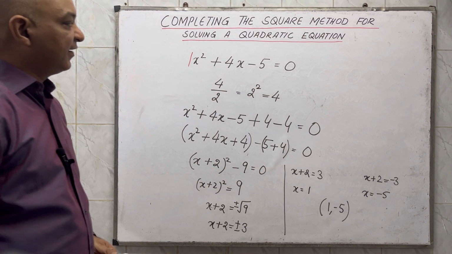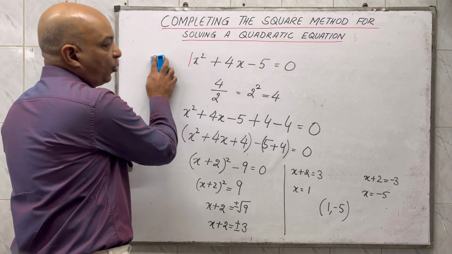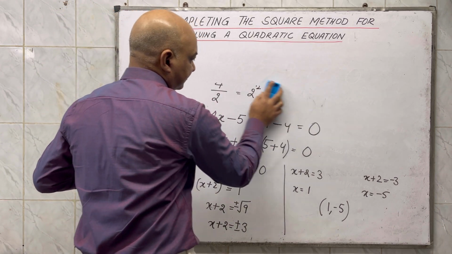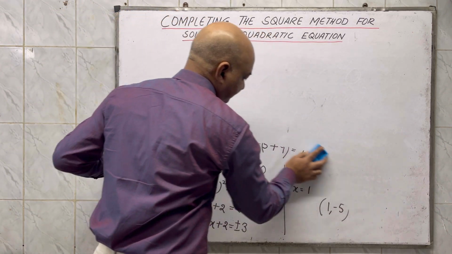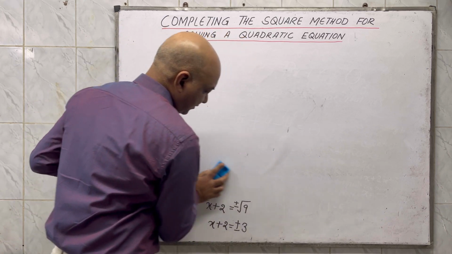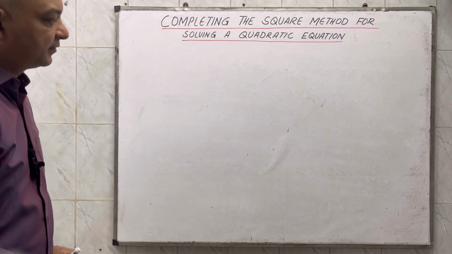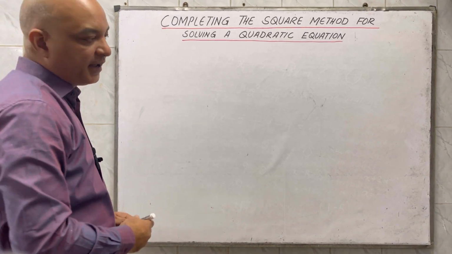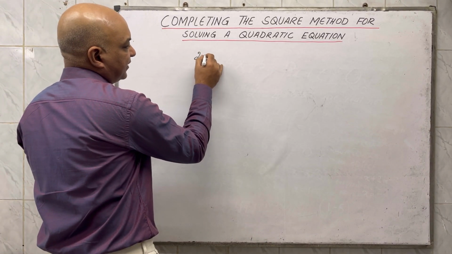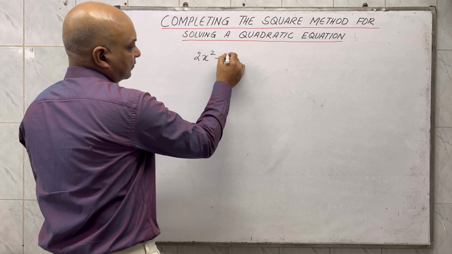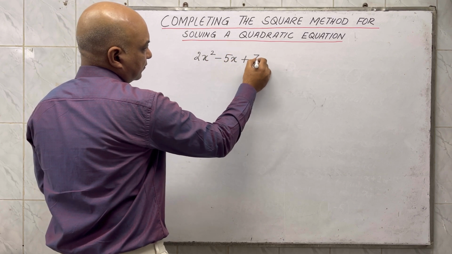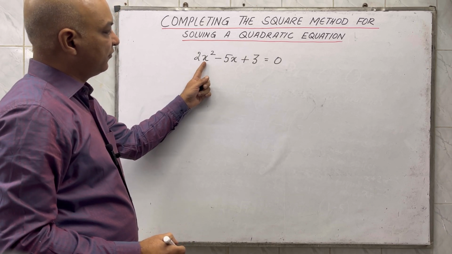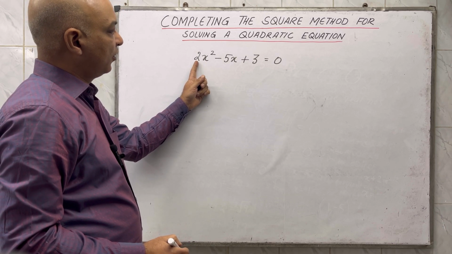Let us take one more example where the coefficient of x² is not 1. So my next example is 2x² - 5x + 3. So you can see here the coefficient of the x² term is not 1 but 2.